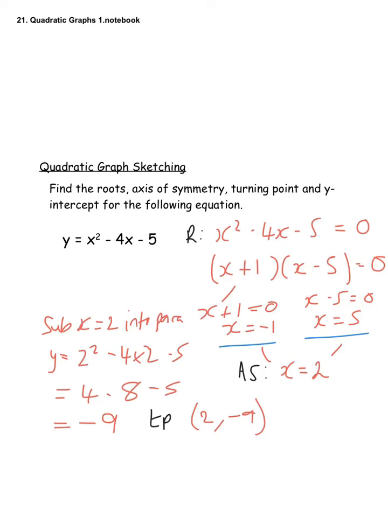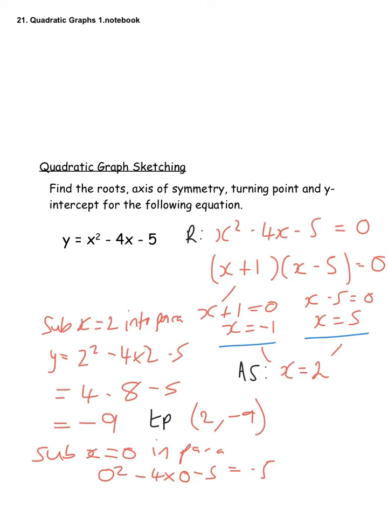Oh, we need to find the y-intercept as well. So what we need to do is substitute x equals 0 into the parabola, and that will give us 0 squared minus 4 times 0, take away 5, which is just equal to minus 5.